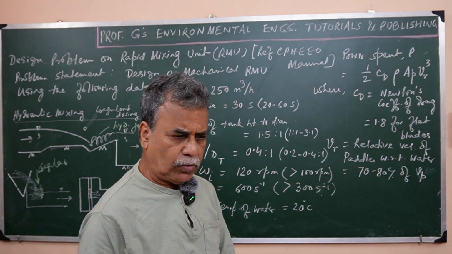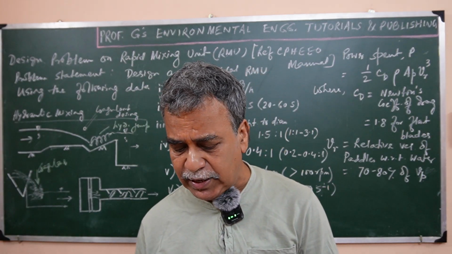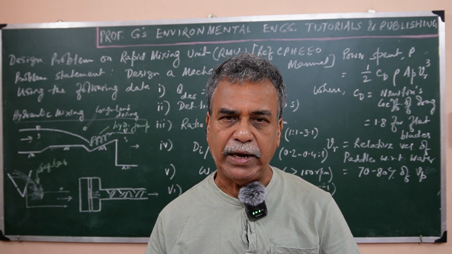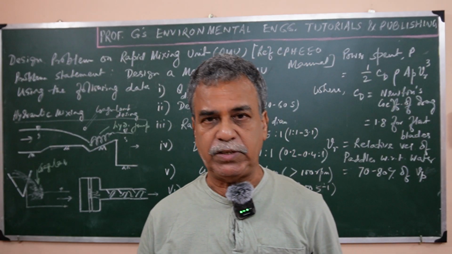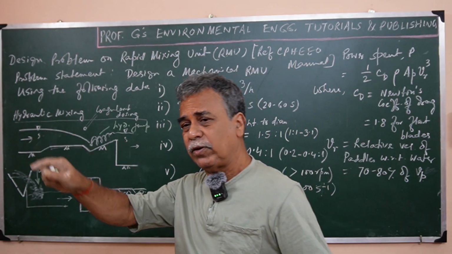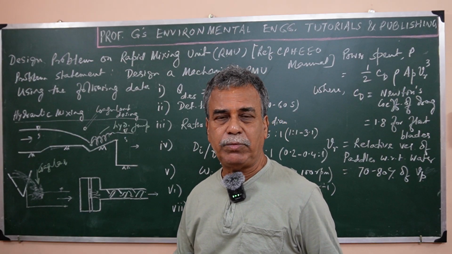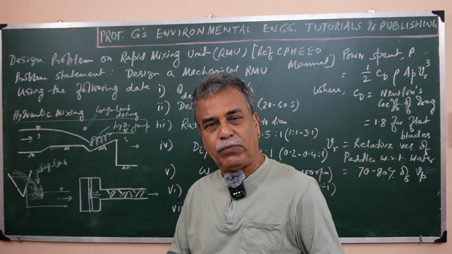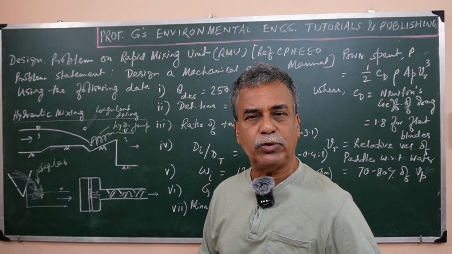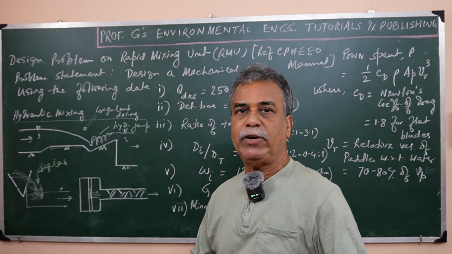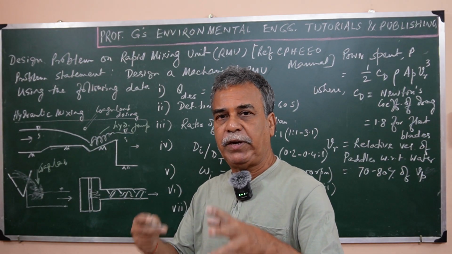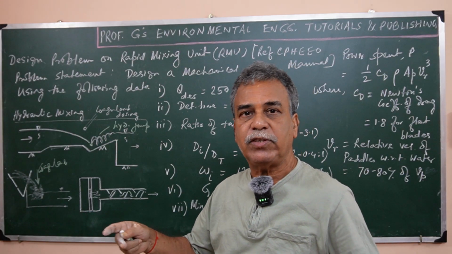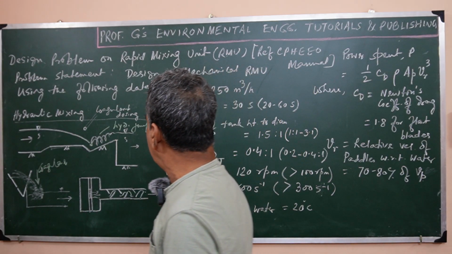These are all options for hydraulic mixing, but as I have told, nowadays it is mostly a mechanical mixing unit, except in rural or peri-urban, semi-urban areas where the mixing assembly is difficult to get repaired easily. There it is better not to depend too much on the mechanical system. That is why this is there.